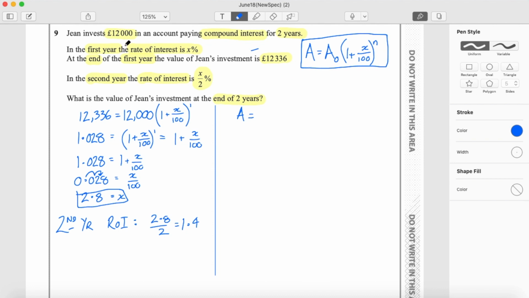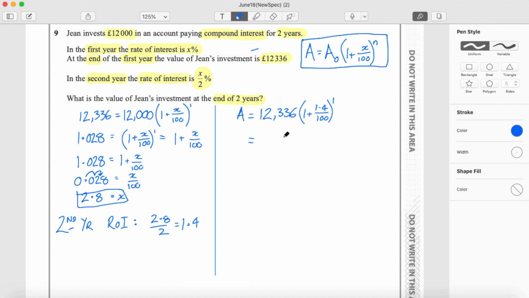Now we know at the end of the first year the value of the investment was 12,336. We have 1 plus our second year rate of interest, which we know is 1.4 divided by 100, and the number of years, well, we've had 1 year, we're now into our second year, so it's just going to be 1 more year of interest.